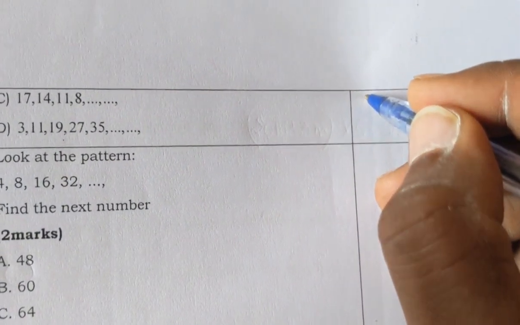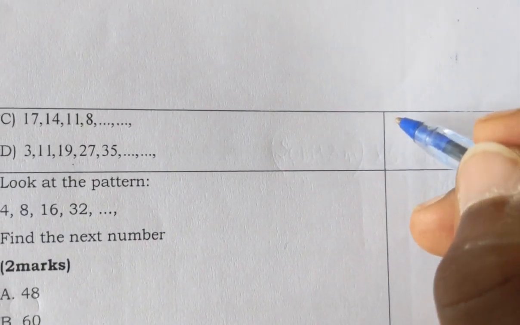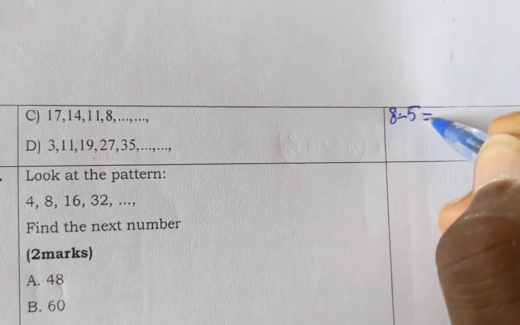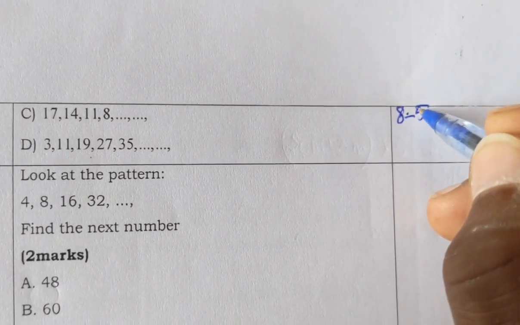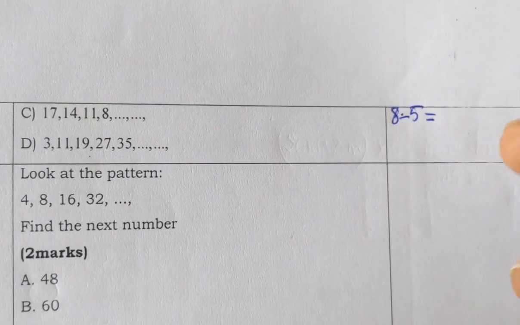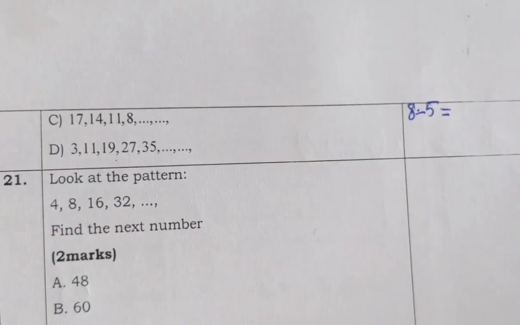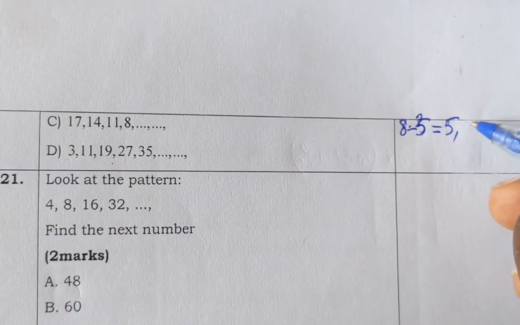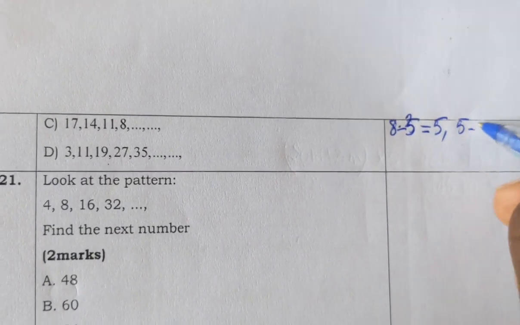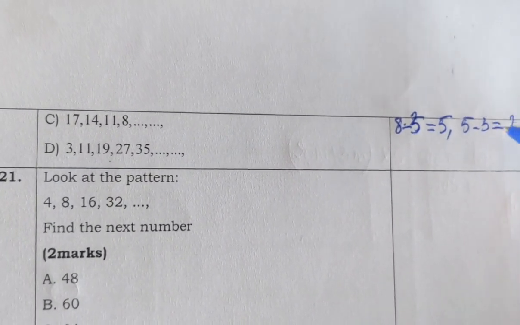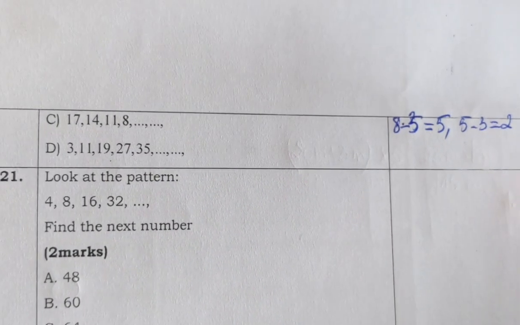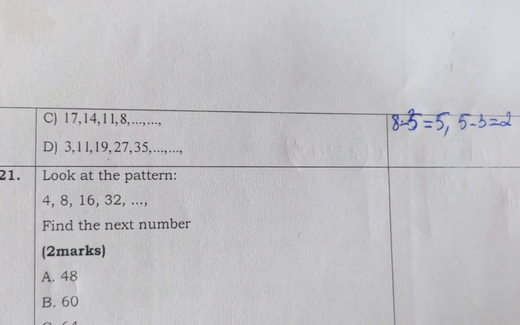Then to mean here the answer is 8 minus 3 is equal to 5. And then here 5 minus 3 is equal to 2. To mean the missing numbers here are 5 and 2.